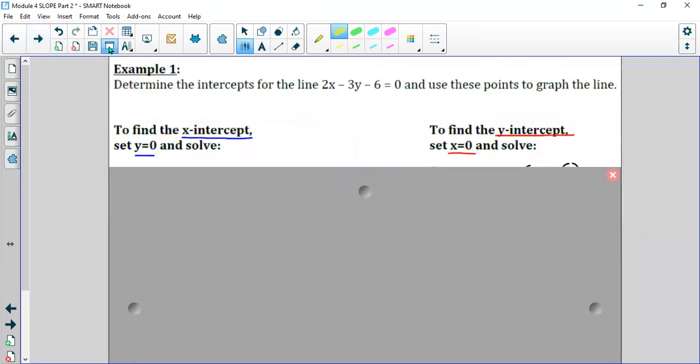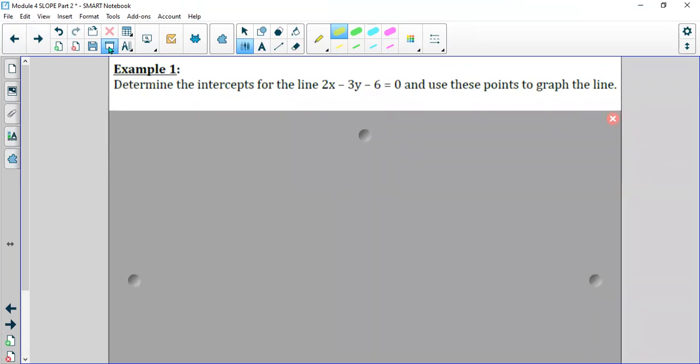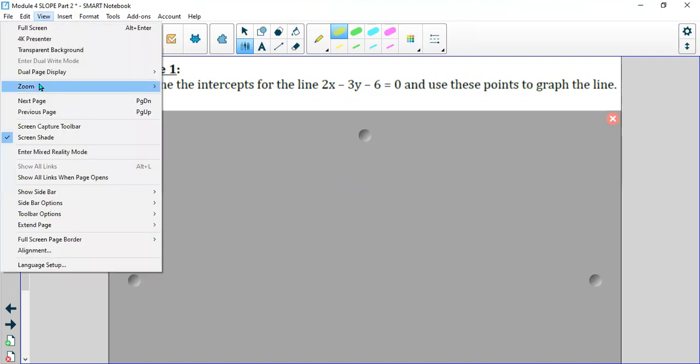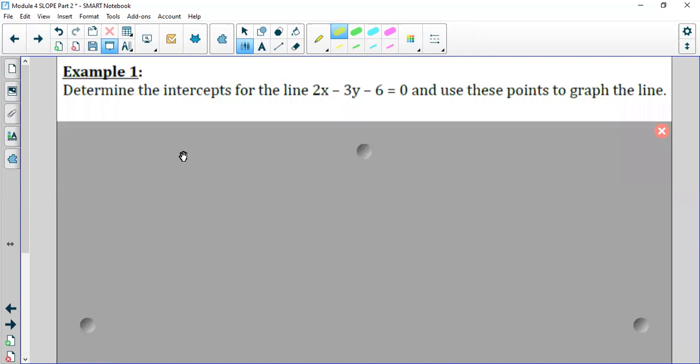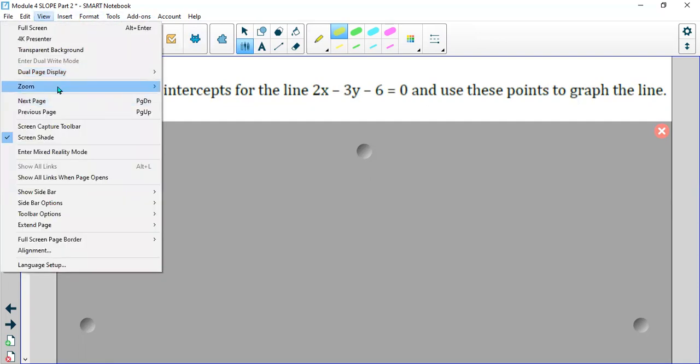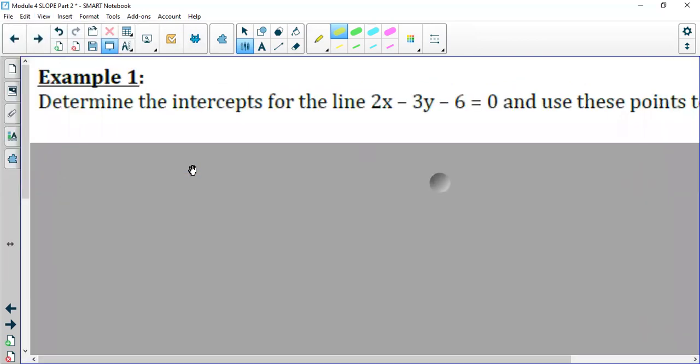And we will start with the line. Let me zoom in on this a little bit. So we're starting at the line 2x minus 3y minus 6 is equal to 0. If everyone can, copy that equation into your notes.